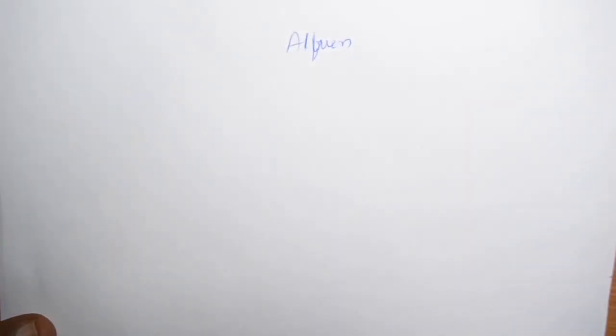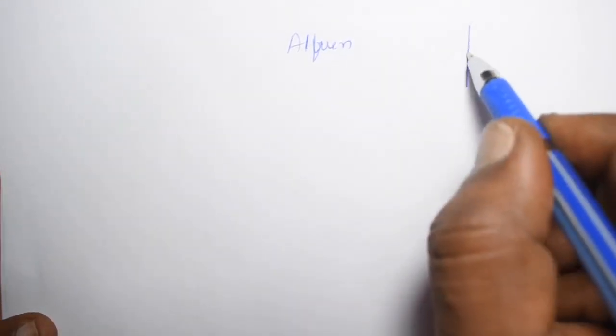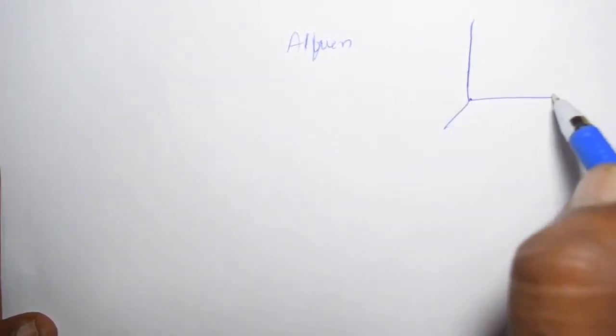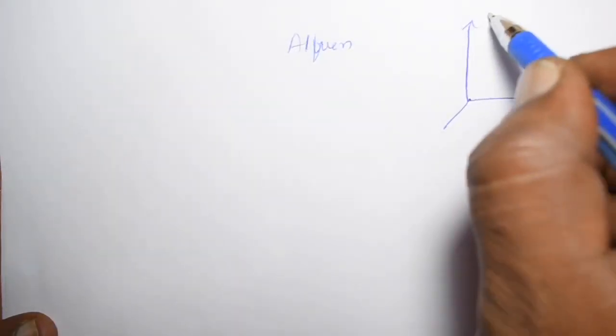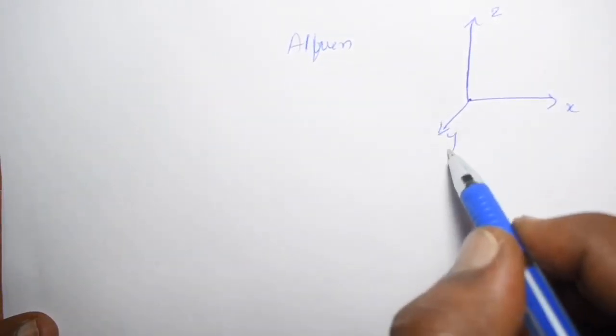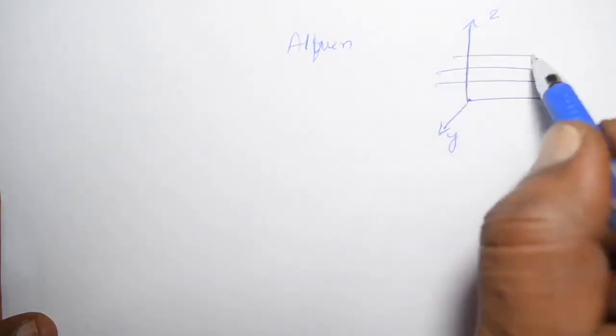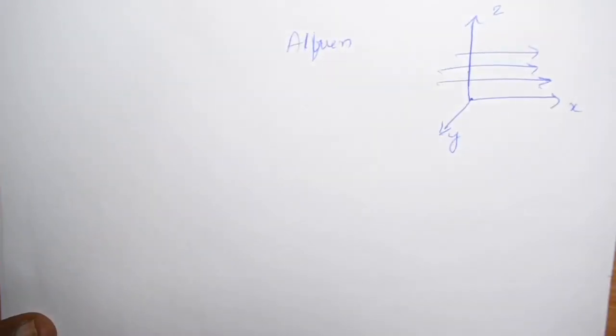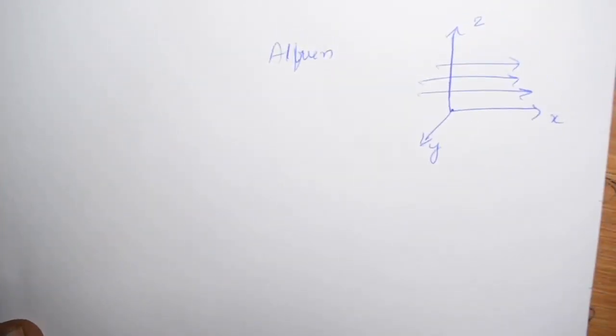It says, a perfectly conducting fluid flows steadily only in x direction. If you take the coordinate system like this is the x-axis, this is the z-axis, and this is the y-axis, the fluid is flowing only in x direction, the fluid is perfectly conducting, and the flow is steady. Steady means time independent.